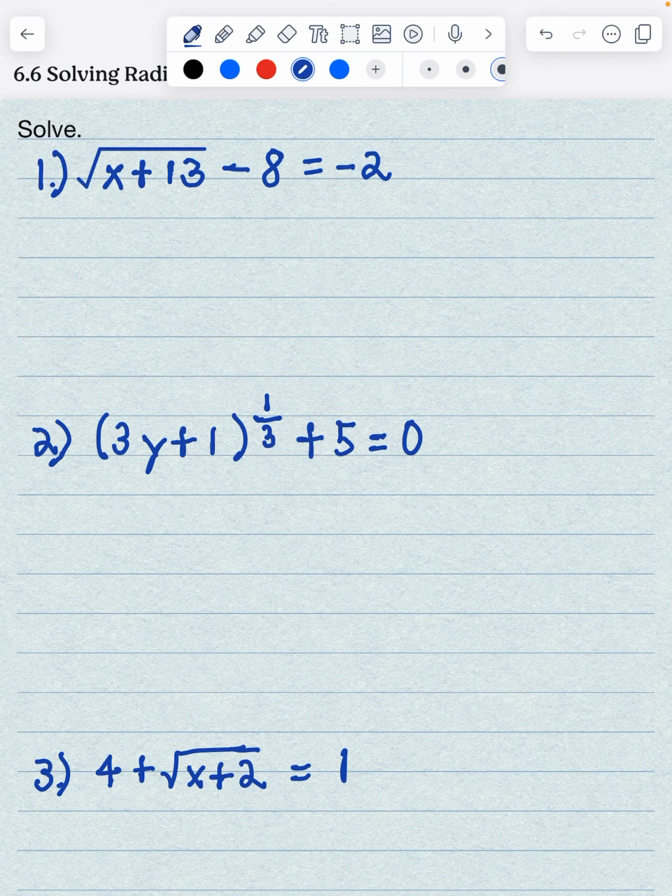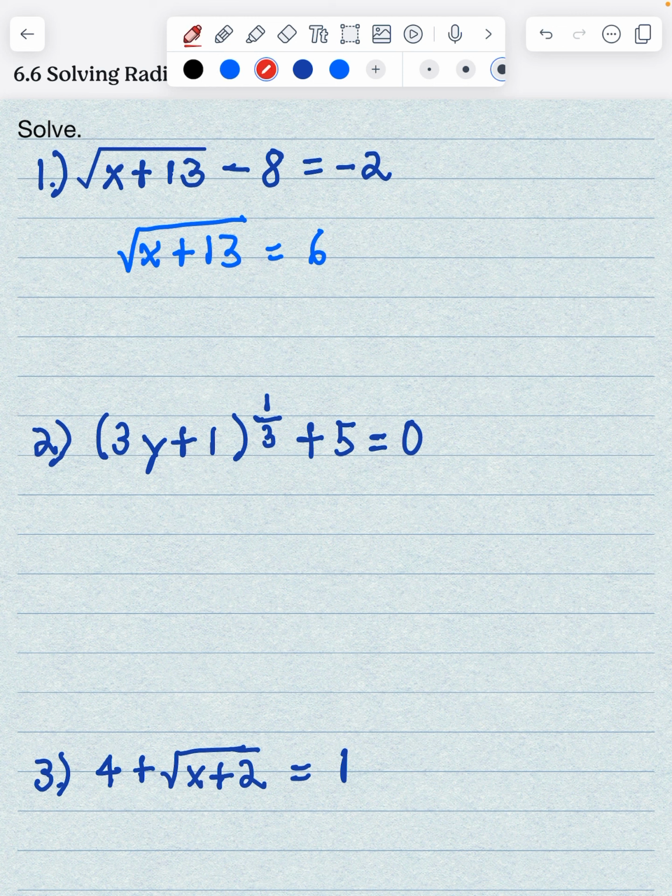Let's start with number 1. So we have the square root of x plus 13 minus 8 equals negative 2. We want to isolate the square root of x plus 13, so we'll add 8 to both sides. When we do that, we get the square root of x plus 13 equals positive 6.